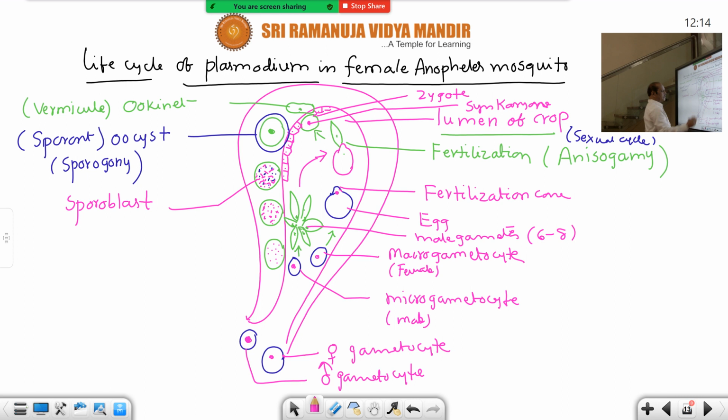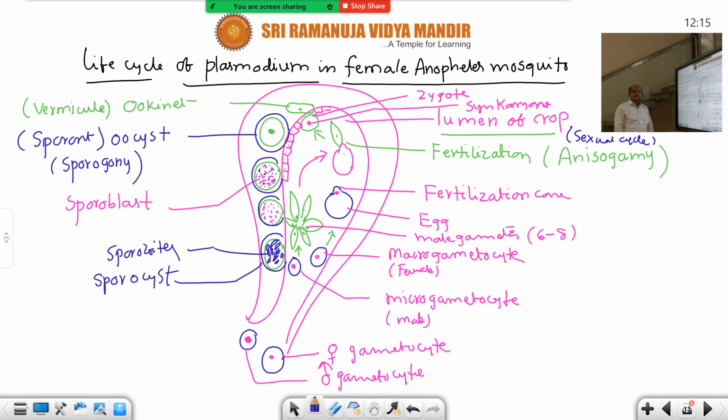Sickle shaped cells are produced, around which the cyst wall is still there. These are all sporozoites. Sporozoites with cyst is known as sporocyst. This cyst is called sporocyst. Don't say oocyst. Oocyst at this stage only is oocyst, where the zygote is present. Now this is sporocyst.